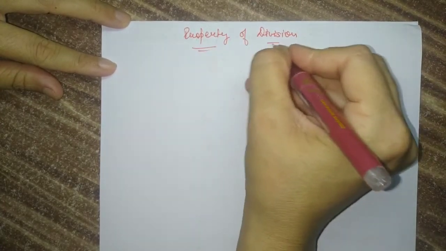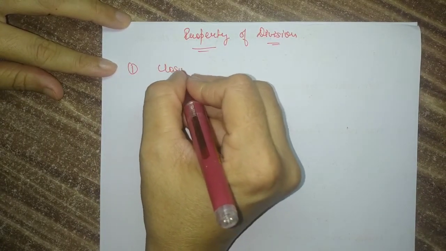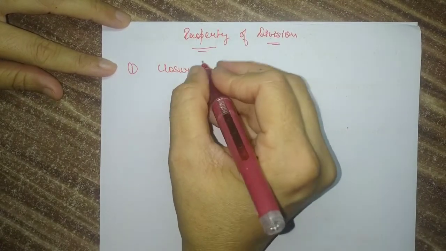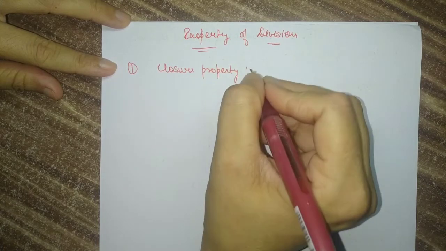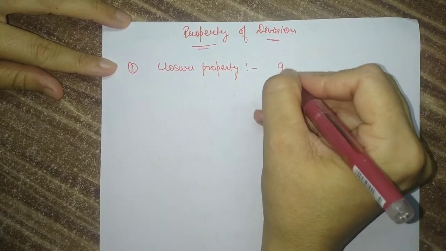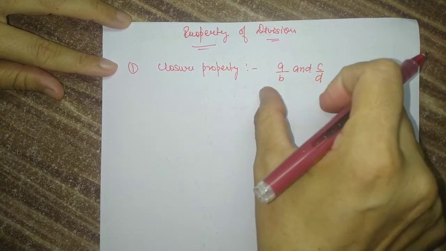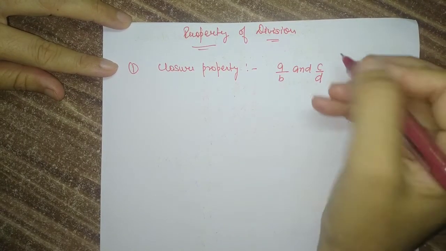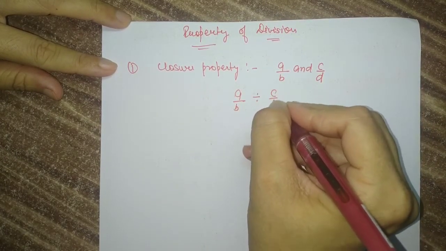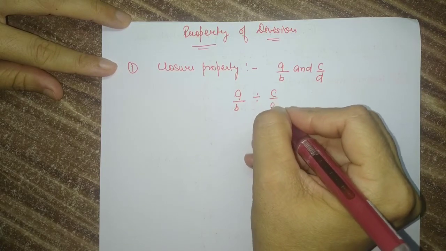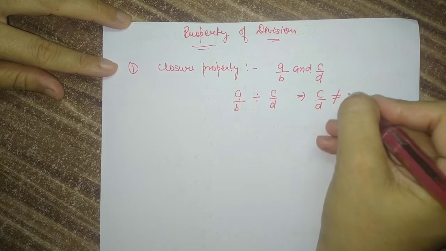In case of division, the first property, that is closure property, is applicable in case of division also. How? If we divide any two rational numbers like A upon B and C upon D, then A upon B divided by C upon D, with the condition that C by D is not equal to 0.